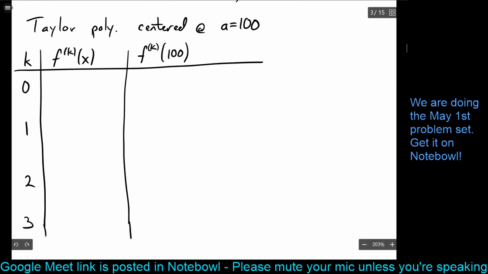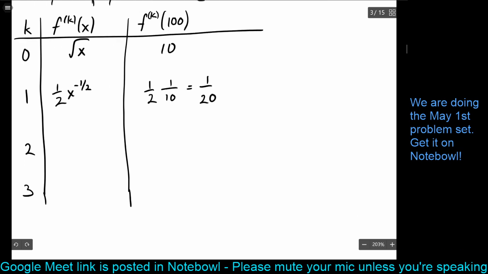So k equals 0, of course, we have square root of x, and then plug 100 in, and this is 10. Take the derivative here, we're going to get 1/2 x to the minus 1/2. So this is 1/2 times 1/10, so this is 1/20.